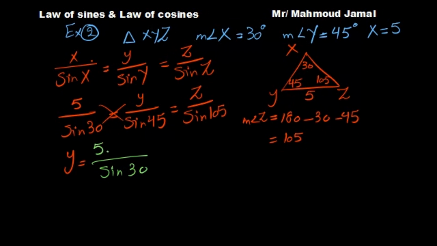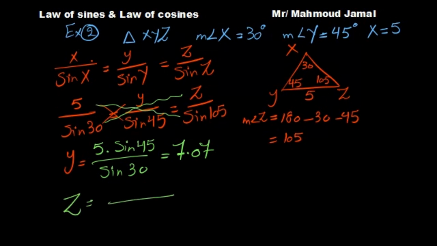Then 5 times sine 45. Use the calculator: 7.07. This is y. How to find z? I can make the same cross multiplication. So z equals, down sine 30, and 5 times sine 105, which is 9.66.